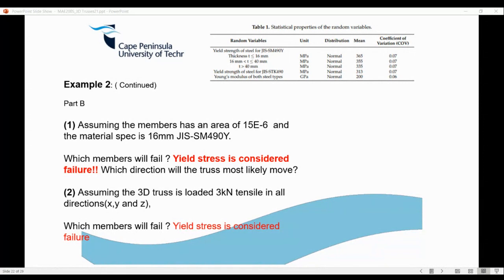You have an area of 15 times 10 to the negative 6 meters squared, and we've got a material spec. So how are we going to play around with this? Now I just want to revert back to my so-called whiteboard.